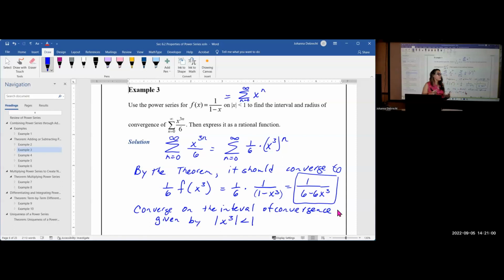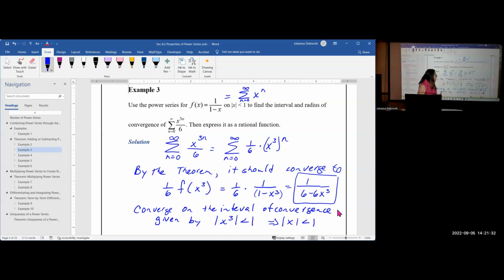Now, the next thing that we can do, of course, is we can take the cube root of both sides. Remember that cube roots maintain sign. So if it's negative, it'll stay negative. If it's positive, it'll stay positive. So this leads to the magnitude of x being less than 1. Well, that was the original interval of convergence. So in this case, unlike the previous example, what we substituted in place of x did not change the interval of convergence.